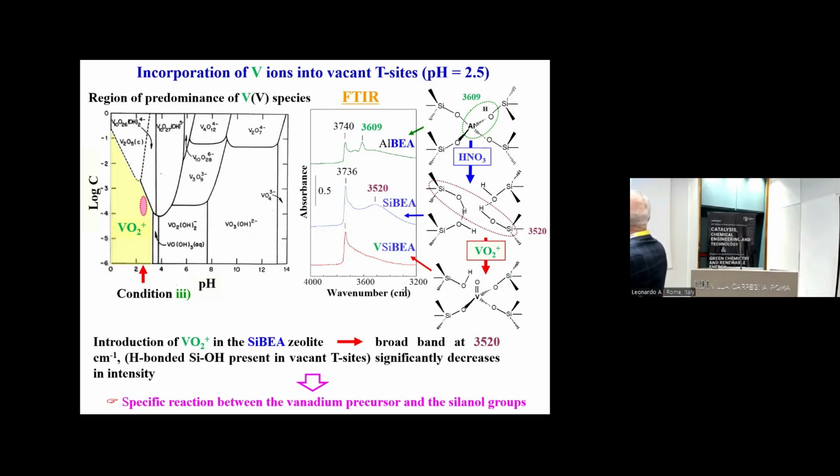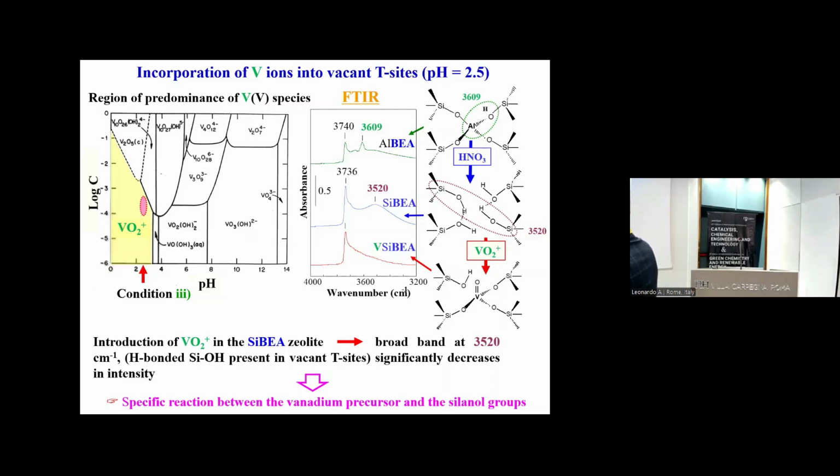This vacancy site is confirmed by infrared spectroscopy by the broad band at 3520. Then when we contact this vacancy site with VO2+, there is a reaction between this OH and VO2+, and mononuclear vanadium species are incorporated in the framework position, and we form isolated tetrahedral vanadium species.